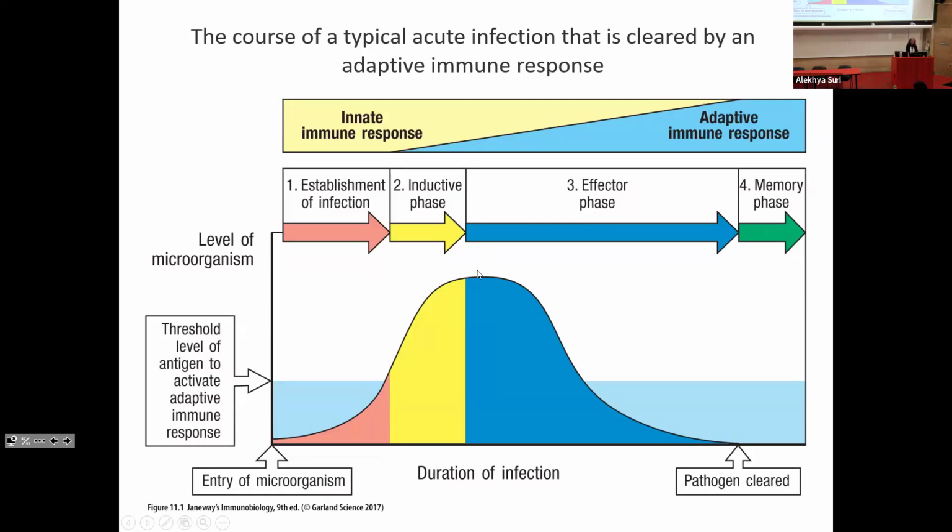So the innate response is very important. Part of that innate response is the chemokines and cytokines that are triggered, that activate the macrophages and the dendritic cells to migrate to the draining lymph nodes. So that's why the early innate response is clearly important to induce an efficient adaptive immune response.